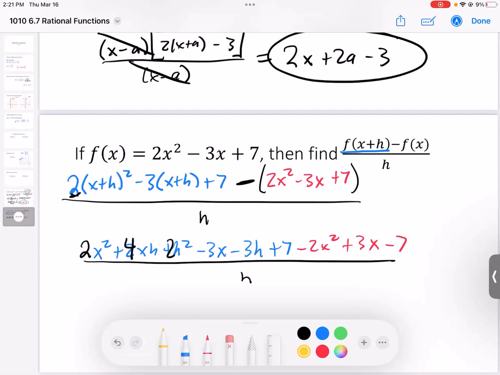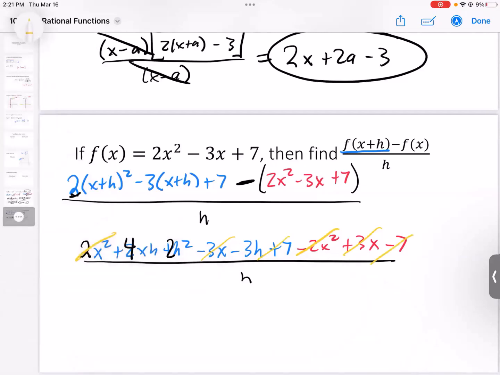Okay, so then you go through and you say, well, there's a whole bunch of terms that end up canceling each other out. This 2x squared and this negative 2x squared will cancel each other out and add up to 0. Negative 3x and 3x will cancel out to 0. And 7 and negative 7 will also cancel out to 0.